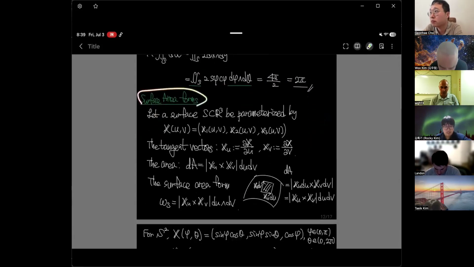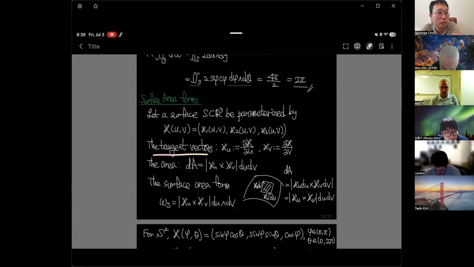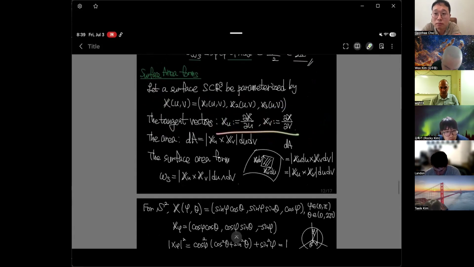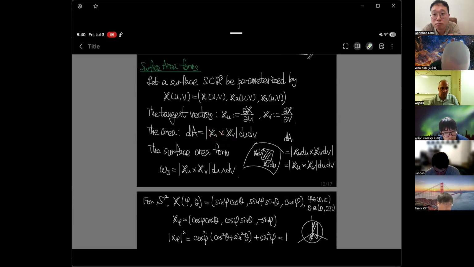What is the surface area form? If we have this parameterization in R3, with tangent vectors x partial u and x partial v, the area, which we usually denote dA, equals the norm of the cross product of x partial u and x partial v, the absolute value, times du dv.